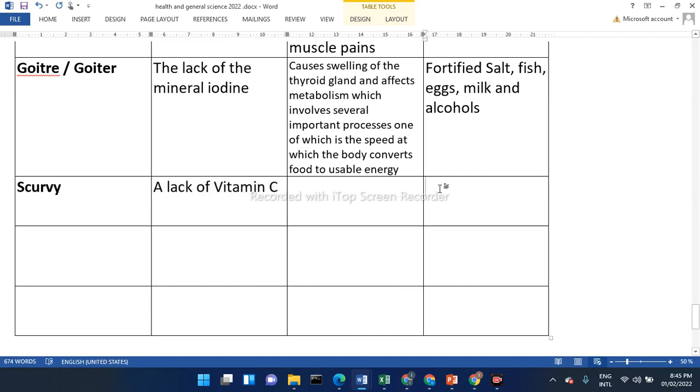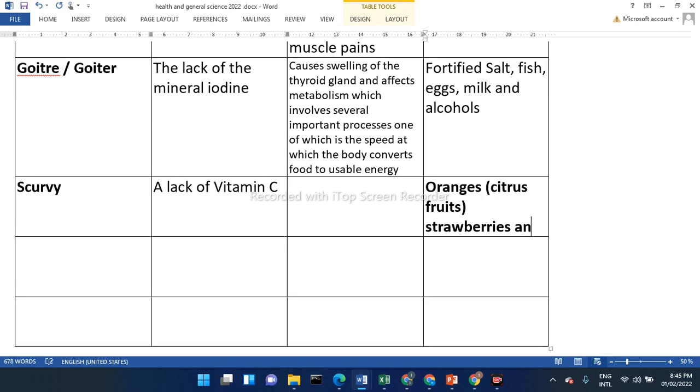Oranges. But oranges come from a larger class of fruits, which we call citrus fruits. Also strawberries and broccoli.